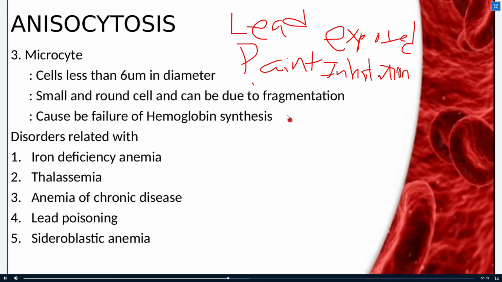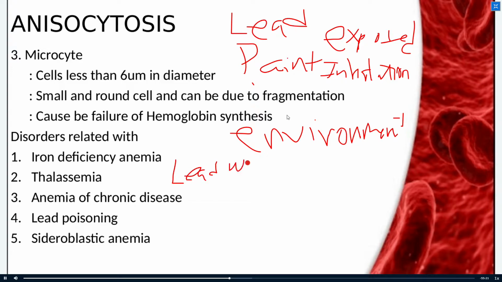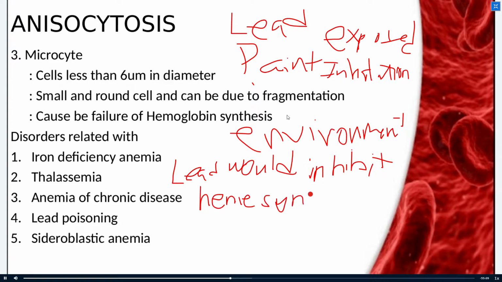So usually, class, your lead can be gotten from exposure sa environment. So those would be your paint. Now, what lead does to the red blood cell is this. Your lead would inhibit heme synthesis.